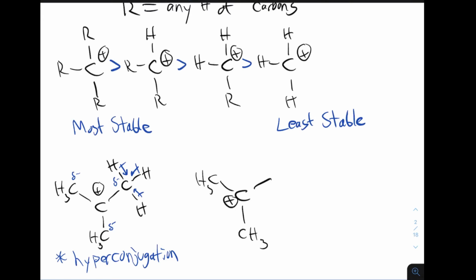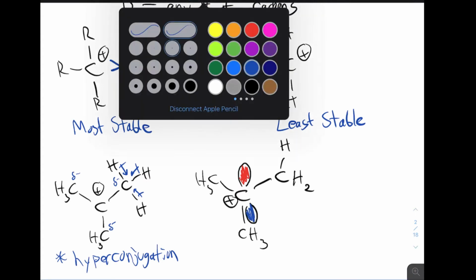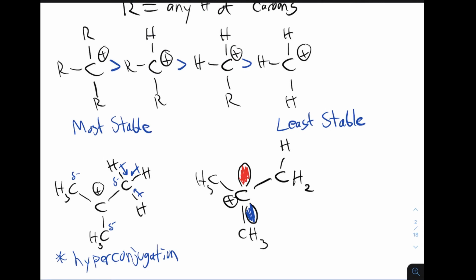So if we're looking at this carbon here, we're going to look at this carbon again. We have to remember that this carbocation is only sp2 hybridized. It has an empty p orbital. And when we're looking at the other carbon, we know that this is making sp3 bonds.